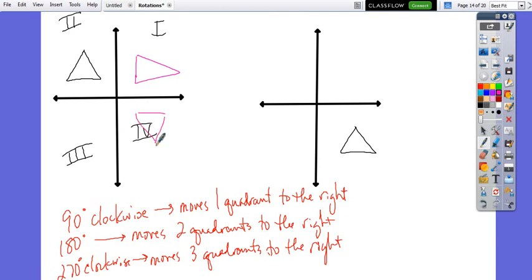Okay, if I take that same diagram, same triangle, and move it 270 degrees clockwise, it moves three quadrants to the right. And it's going to be here. It's going to be pointing something like this. So, if you want to know the image of these points, let's say this is point A to start with.